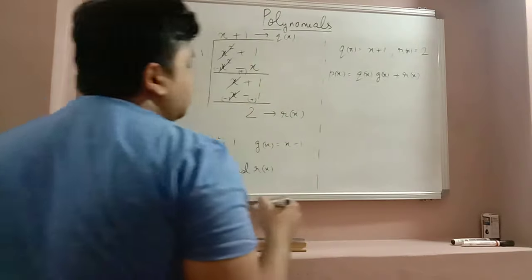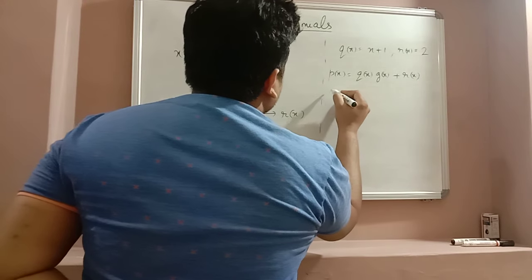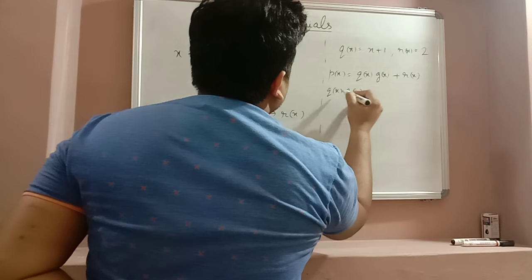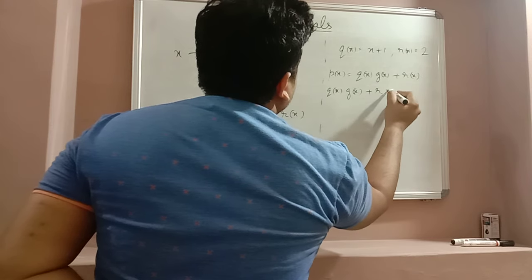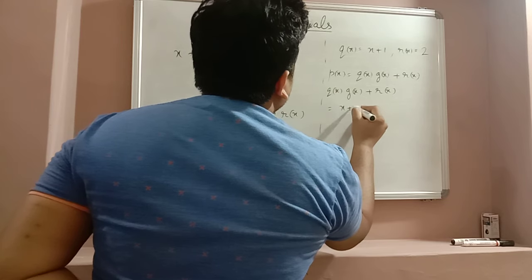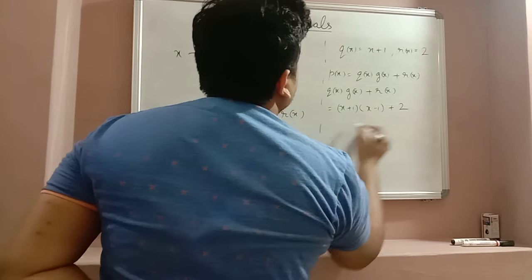So let me try to prove this. Let us find q of x into g of x plus r of x. This is equal to x plus 1 into x minus 1 plus 2.